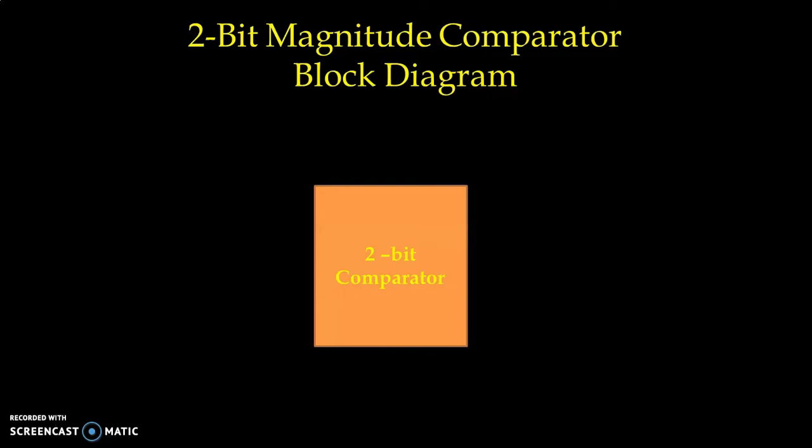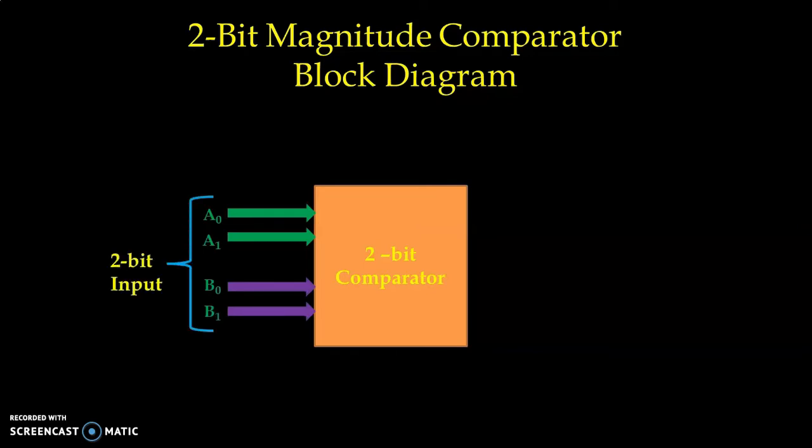At the input side, we give two binary numbers A as well as B, and both the binary numbers are with 2 bits. So we have the first bit and the second bit of the binary number A, and that is A0 and A1. Same way, we have another binary number, B, and we have 2 bits in binary number B. So it is again B0 and B1.